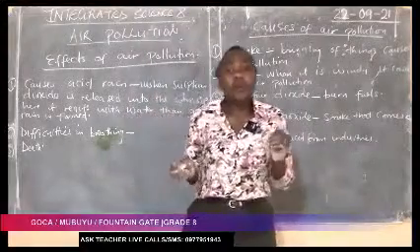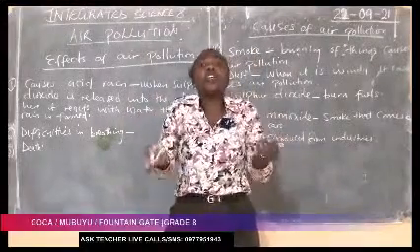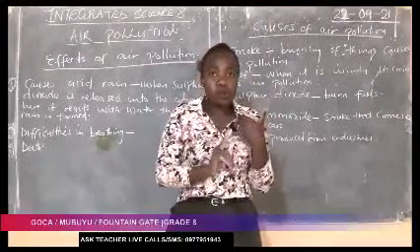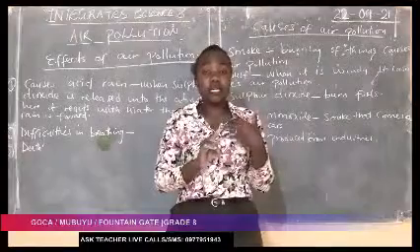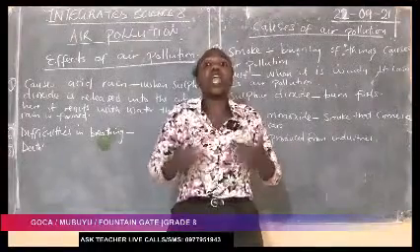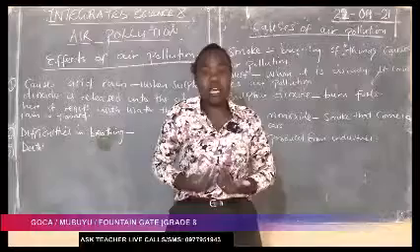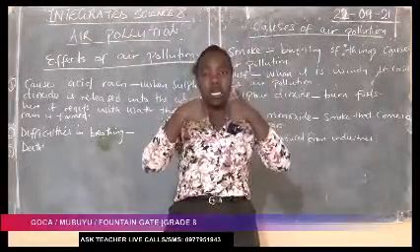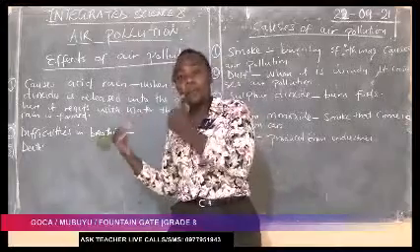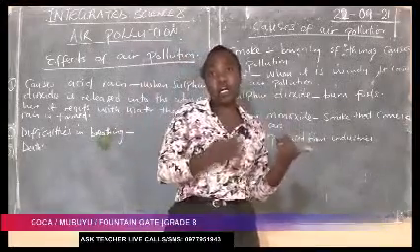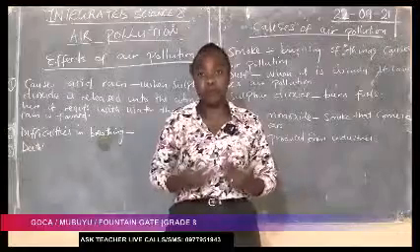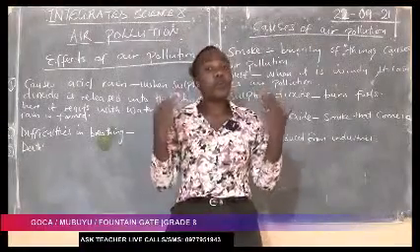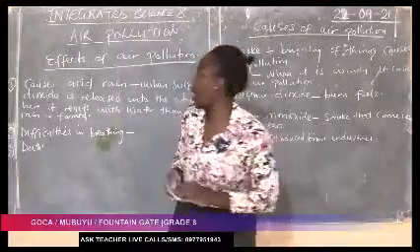What we mean by causing death is when you inhale or breathe in a lot of carbon monoxide and sulfur dioxide, your lungs will be affected. You're causing lung problems, okay?